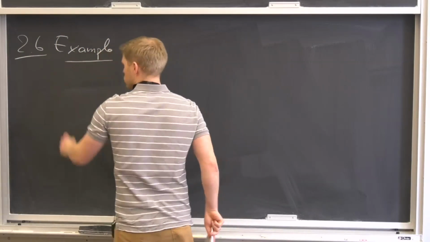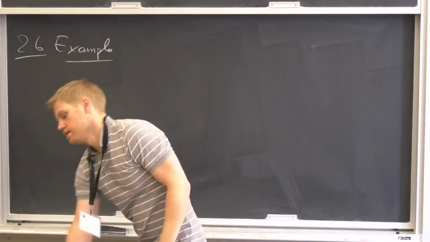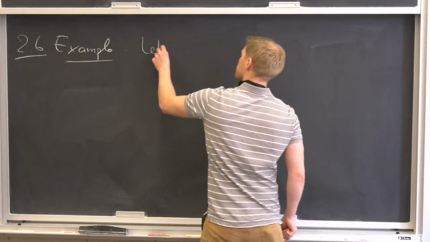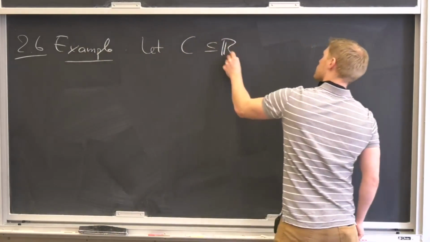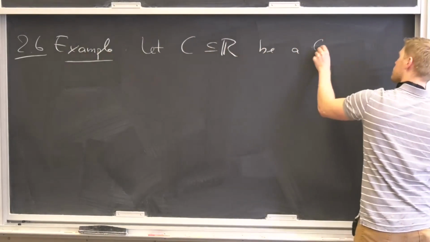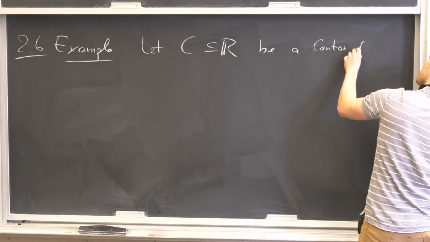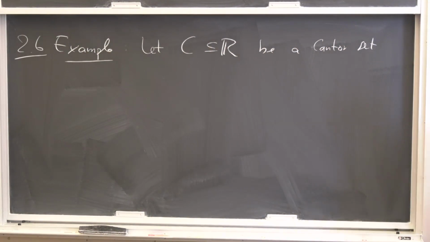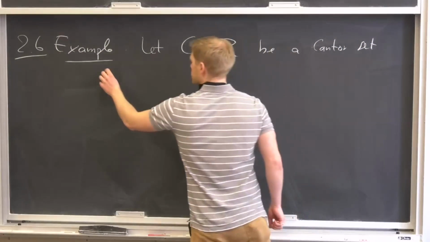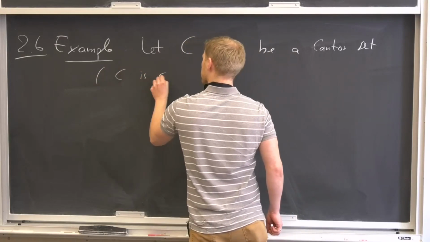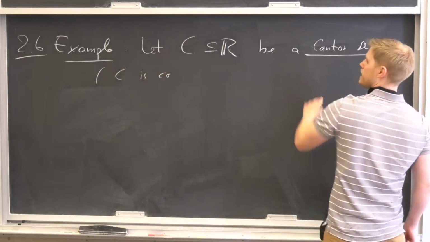So here what we want to do is let C, a subset of R, be a Cantor set. You may think of a Cantor set as the usual ternary Cantor set, but in general, this means that C is compact. So this is not a traditional Cantor set.